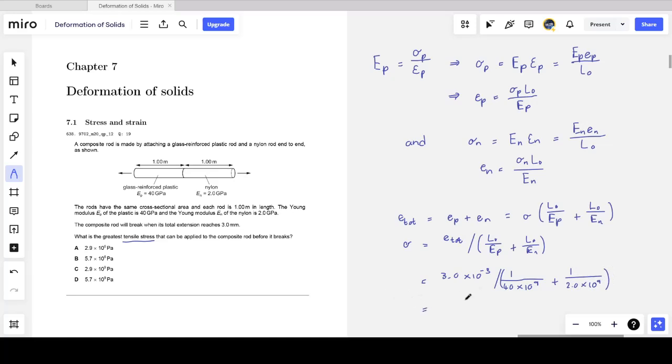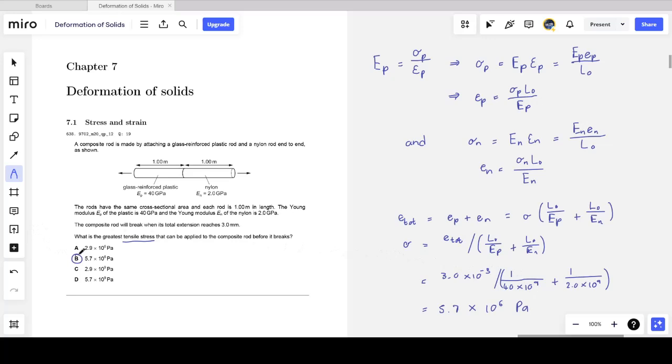And in SI units, I get the maximum tensile stress that will give us an extension of 3 millimeters to be 5.7 times 10 to the power 6 pascals. And this corresponds with option B.